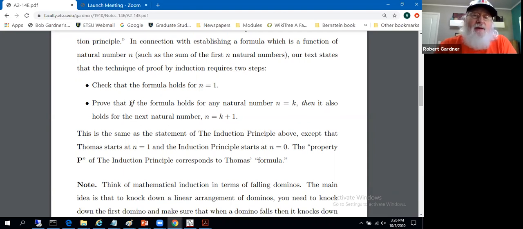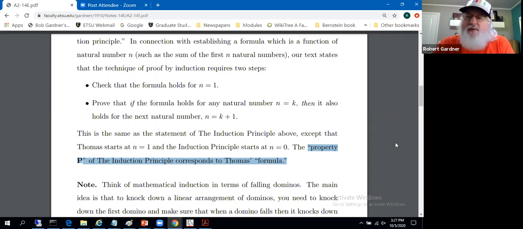Second, prove that if the formula holds for any natural number n equals k, then it holds for the next natural number, n equals k plus 1. From that, you can conclude that the formula holds for all natural numbers n. So to link Thomas's version with the version mentioned above, the property P is the same as the formula used by Thomas in this appendix.